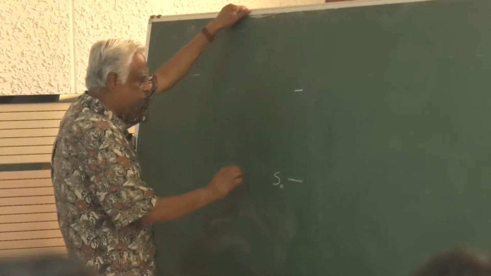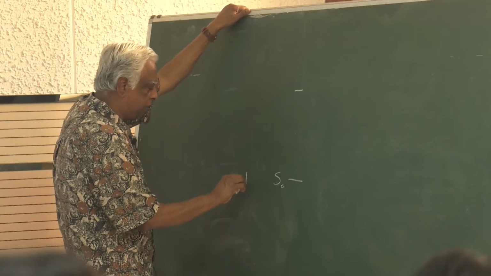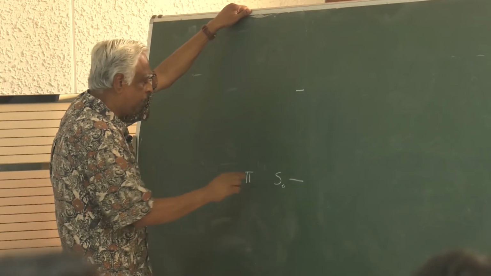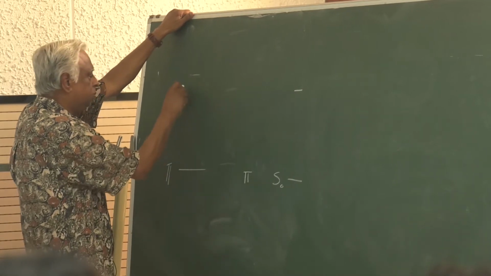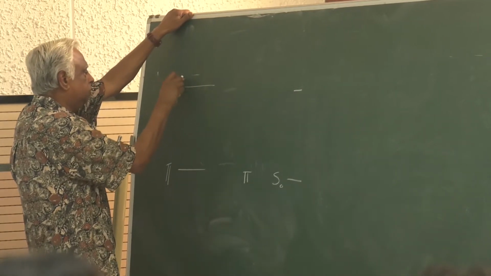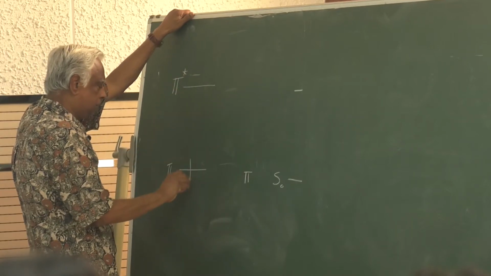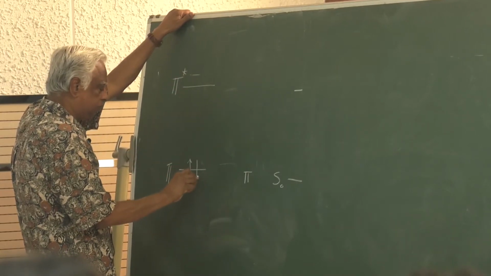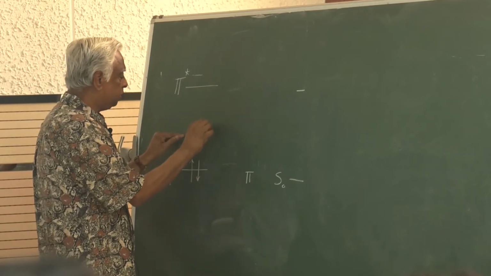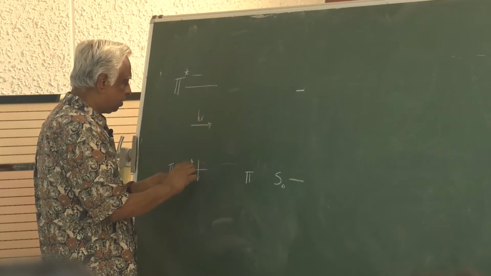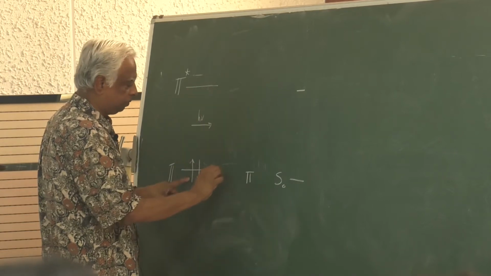So if you have two electrons in the pi orbital, so if you take a molecule, you will have a pi orbital and a pi star orbital. In the ground state, the two electrons will be here. When you shine light on this molecule, one of the electrons will go from here to here.